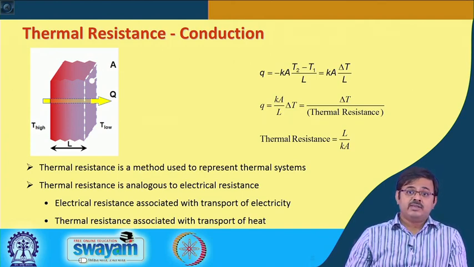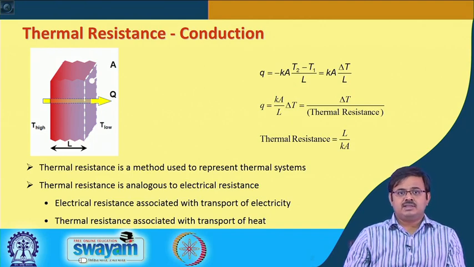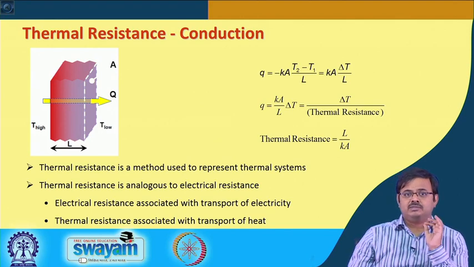It is analogous to electrical resistance. Now, let us look into this. If you look at my second bullet point, thermal resistance is analogous to electrical resistance. How? Because electrical resistance is associated with transport of electricity, or rather electric current, and thermal resistance is associated with the transport of heat or thermal energy. Let us look at term by term what I am talking about.